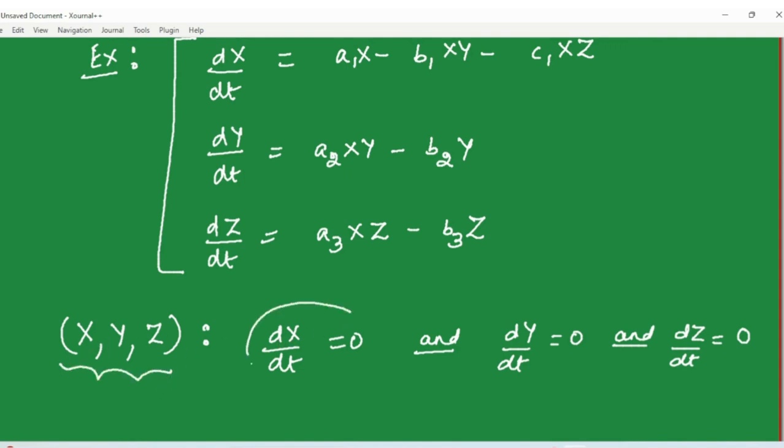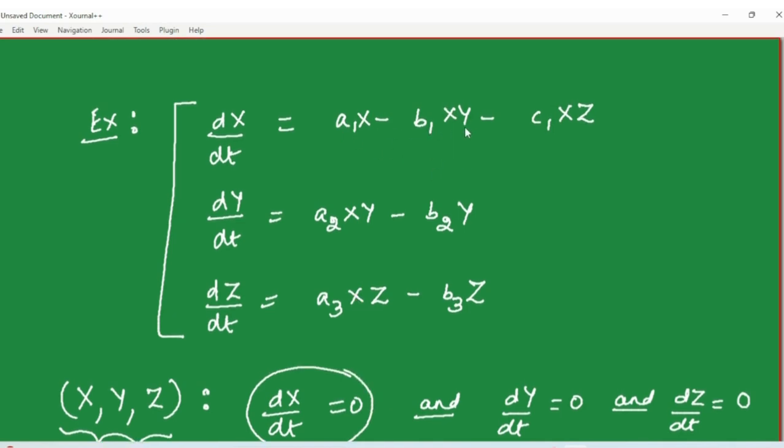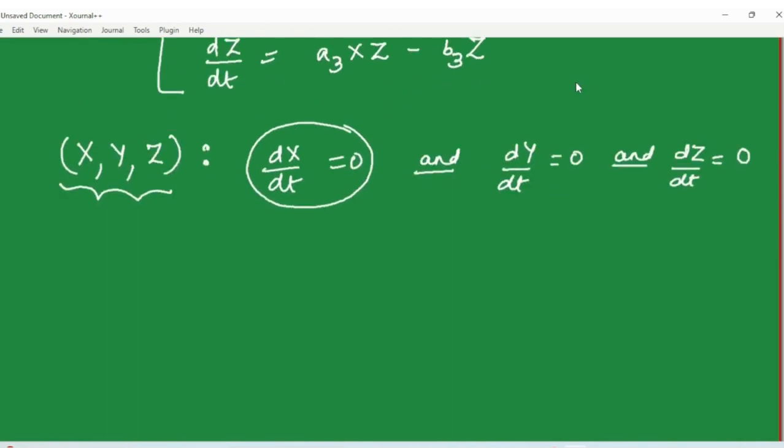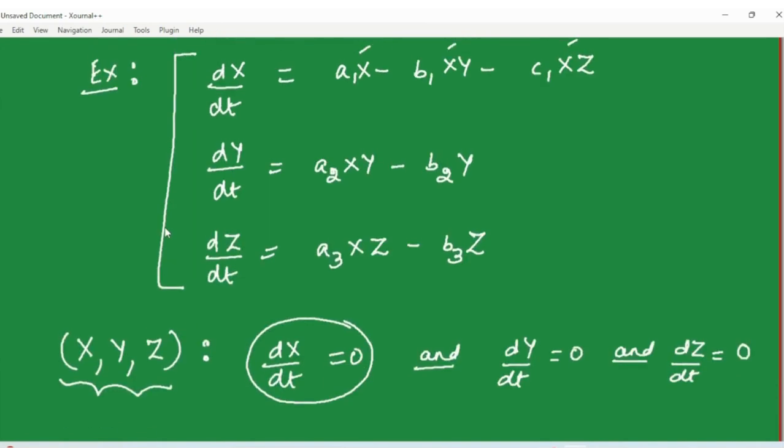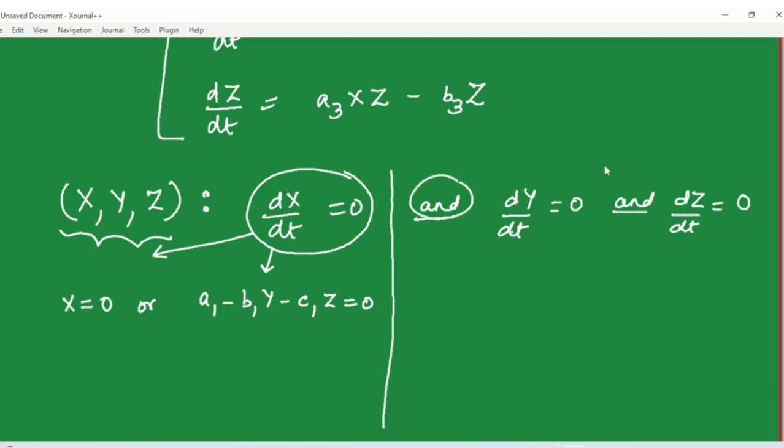Now let's see what dx by dt equal to 0 means. In this system, it's a1x minus b1xy minus c1xz, and we can see that x is common in all three terms. So by dx by dt equal to 0, we would mean that either x is 0 or a1 minus b1y minus c1z is 0. That's the option that you have for dx by dt equal to 0. You want dy by dt equal to 0, right?